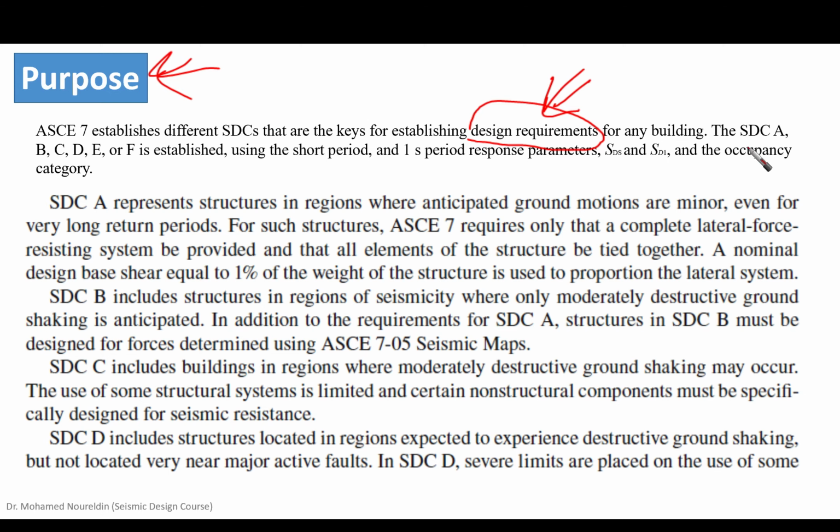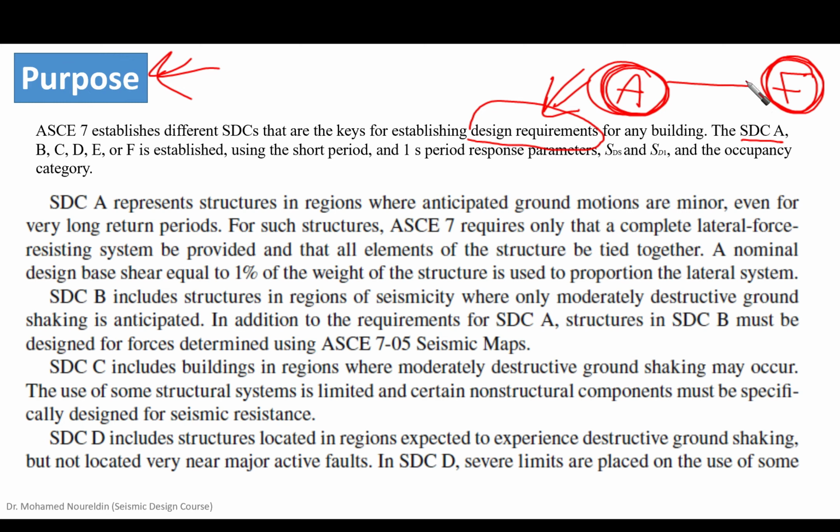For the SDC, we have A, B, C, D, E, F. If we start with A, this means a very low seismic design category, and there are no such stringent requirements for it. But if you go to seismic design category F, the requirements are very stringent.